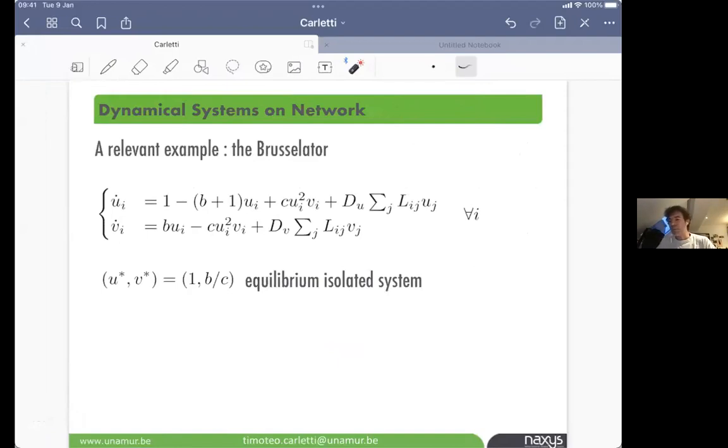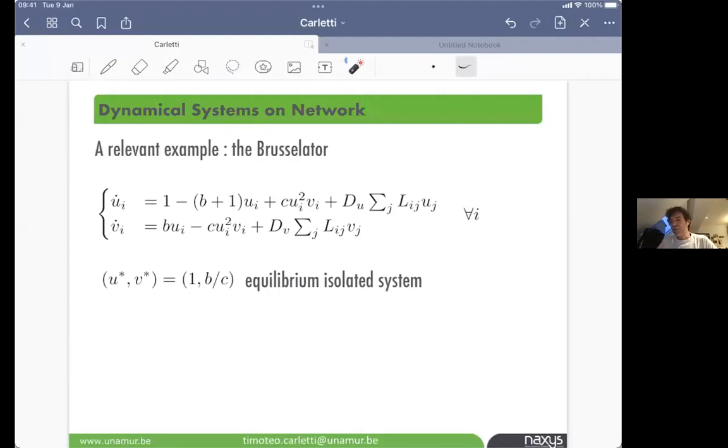I took the Brusselator, first because I'm from Brussels, and second because it's a nonlinear dynamical system which has some roots in chemistry, so it can be used to explain pattern formation. Anyway, it's just a nonlinear system. You can replace it with your preferred dynamical system if you want.